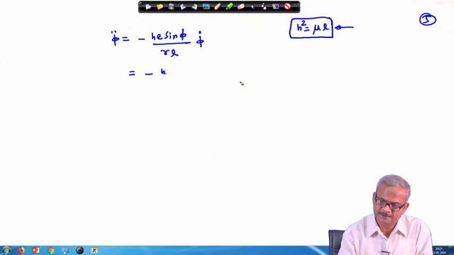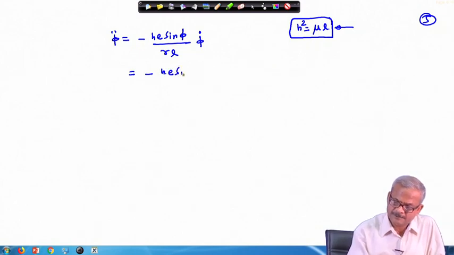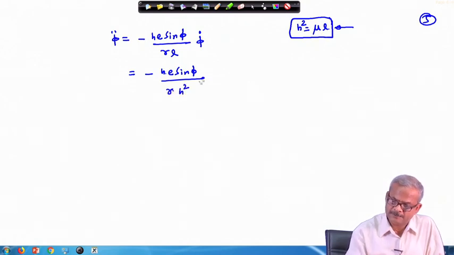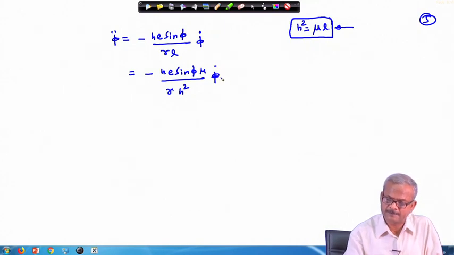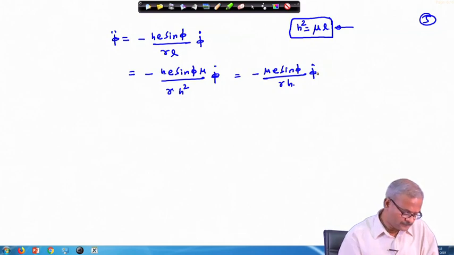We will utilize this relationship directly here and eliminate this L. So, this becomes h e sin phi divided by r, and L is equal to h square divided by mu, so mu will be upside. And then of course we have phi dot here, minus mu times e sin phi divided by r h times phi dot.